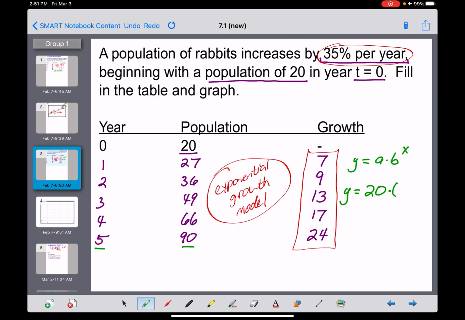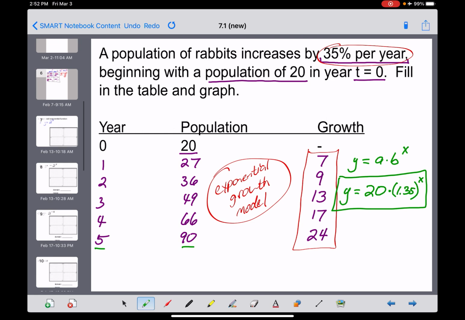So for us, that's the 1.35 that we were typing into our calculator, and we could just put an x power right there, and that is the function that models what we're dealing with. So that's something you can look at pretty quickly and come up with.